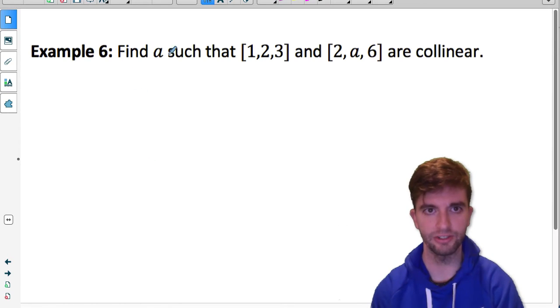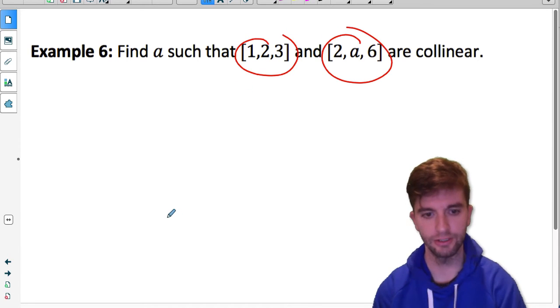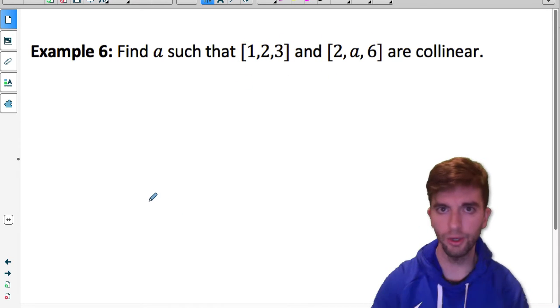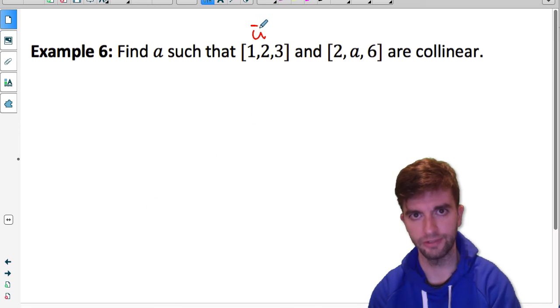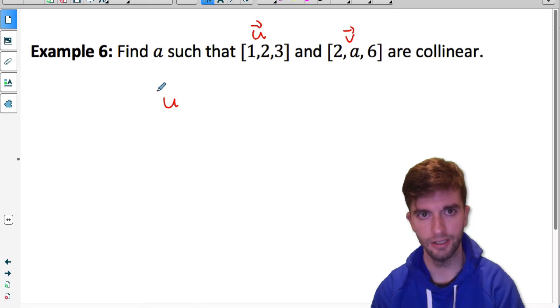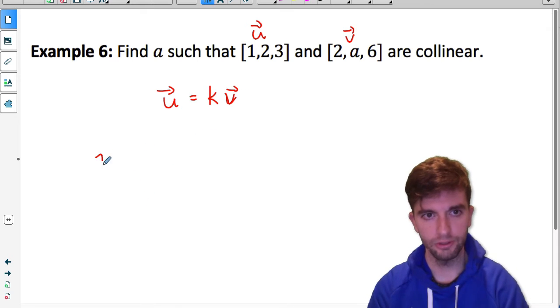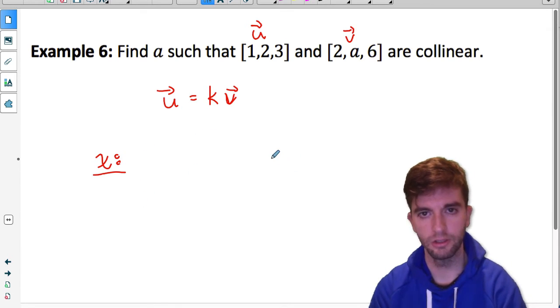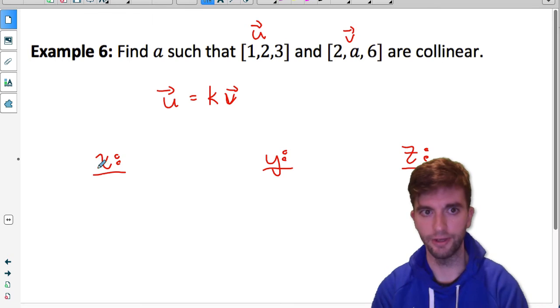Example 6 asks us to find a value of a such that this vector and this vector are collinear. So they're only collinear if they're scalar multiples of each other. So let me just call this vector u and this vector v. They would only be collinear if vector u was equal to a scalar multiple of vector v. And they would only be scalar multiples if the x, y, and z components were all the same scalar multiples of each other.